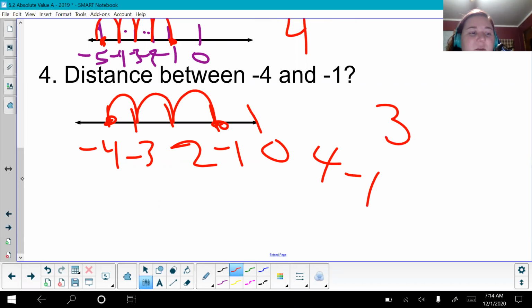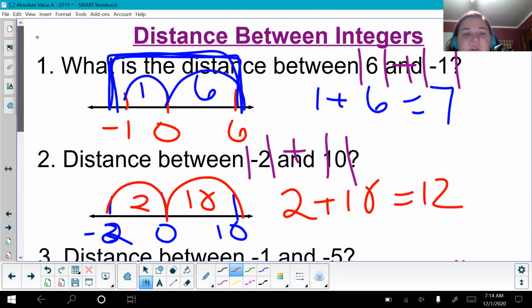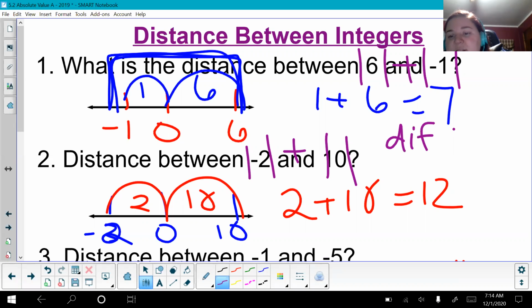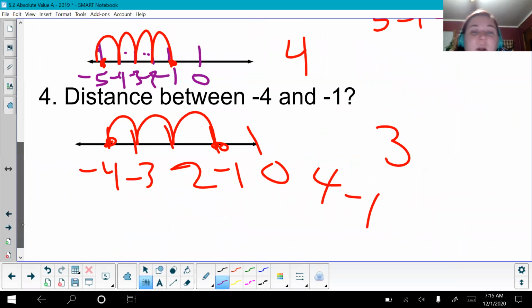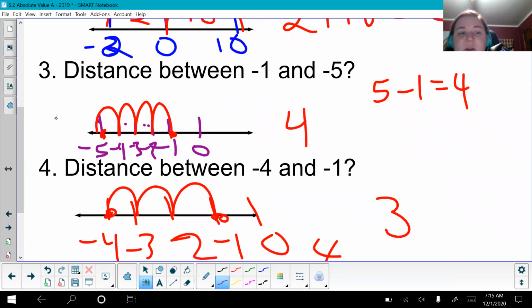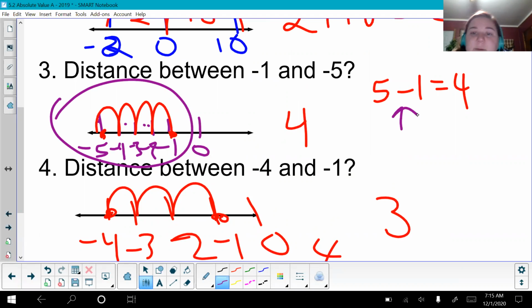So what kind of rules do you see? Here's the rule, okay? If your integers are on different sides, you basically add them, right? Add the absolute value. However, when they're on the same side, see how these are both on the same side of 0? You subtract the absolute value, okay?